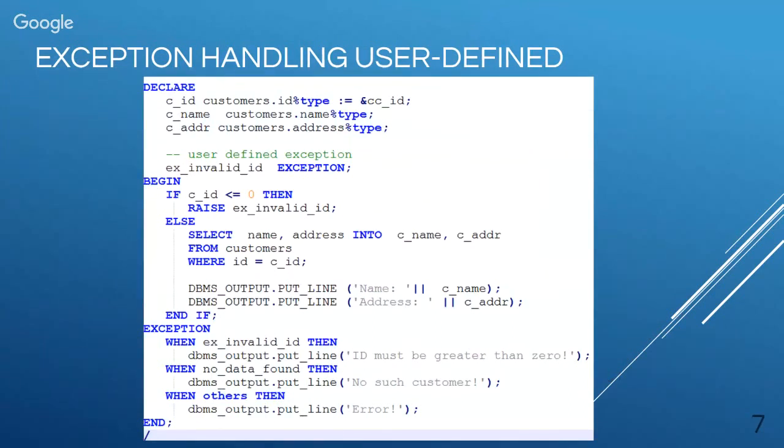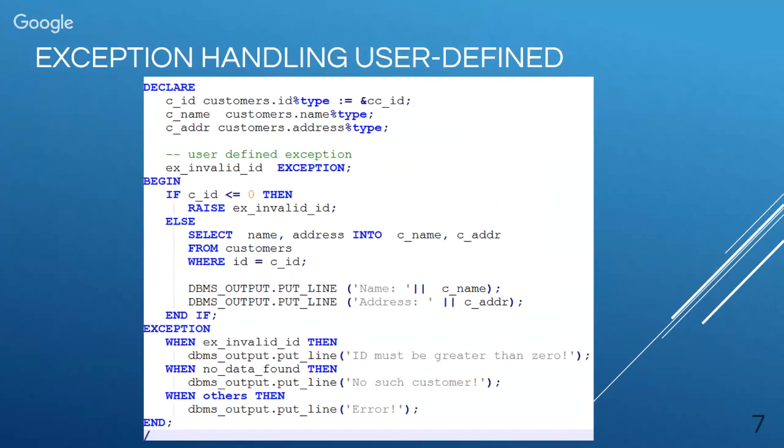Okay, here we have an example of what I was telling you. We have a customers table, with an ID, an address and a name. We are defining an exception here that is invalid ID. So if the customer ID is not greater than 0, then we are going to raise the exception, like the invalid exception here.